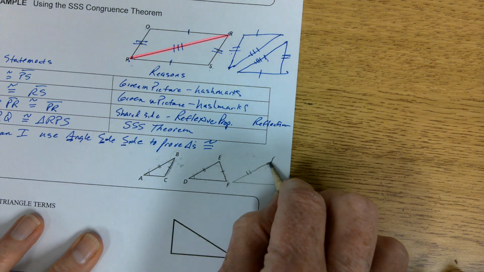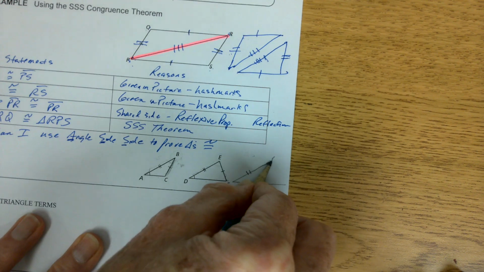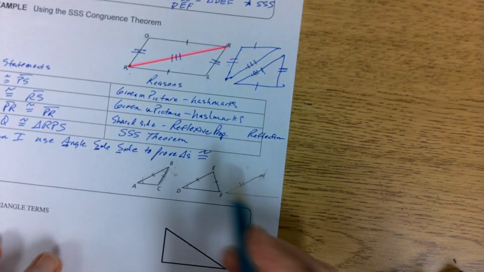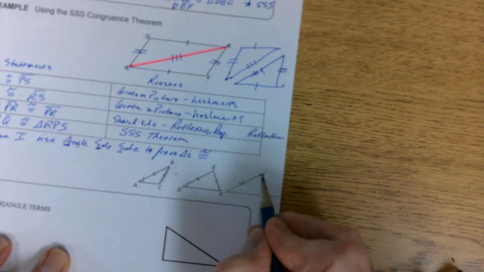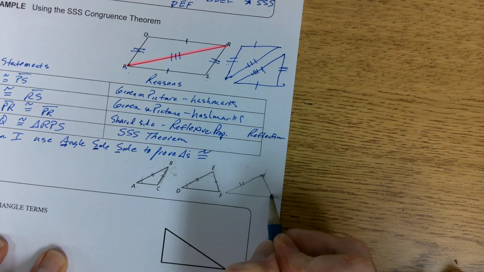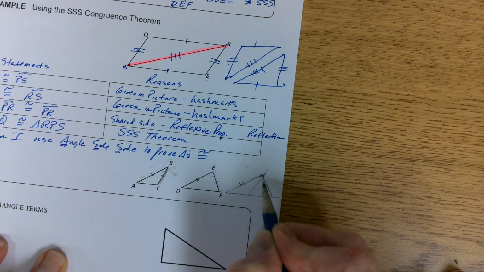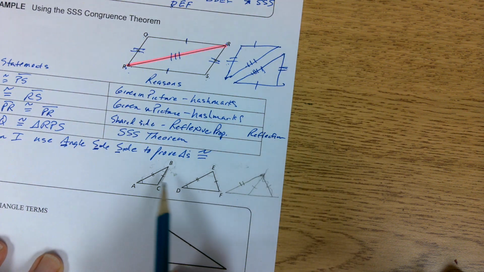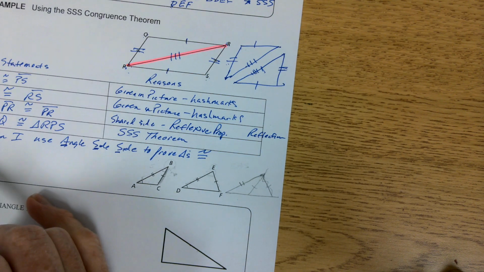I could put the 4 inches here, but if I swing it, the 4 inches might fit here as well. So if I don't have this fixed, this angle can go here and I could have this triangle, or I can make this triangle here, where both of these sides are the same length. This is why you cannot do angle side side.